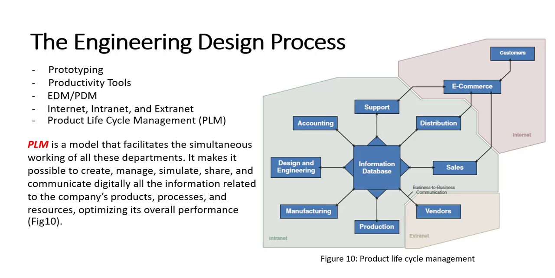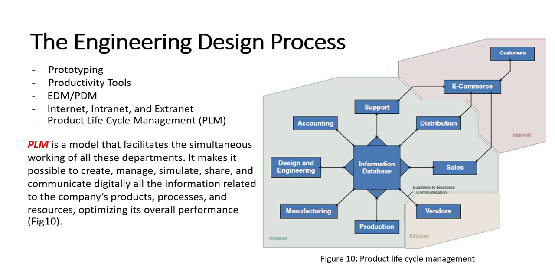And PLM is a strategic business approach for the effective management and use of the corporate intellectual capital. Corporate intellectual capital, or CIC, is the sum of retained knowledge that an organization accumulates in the course of delivering its products.